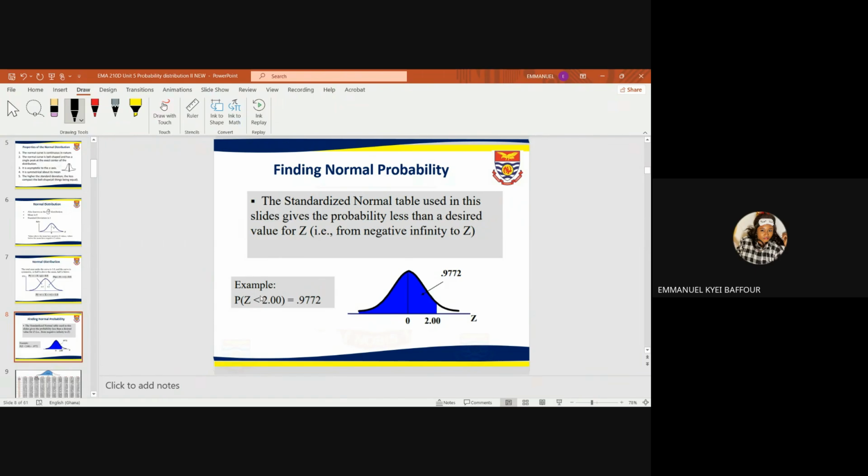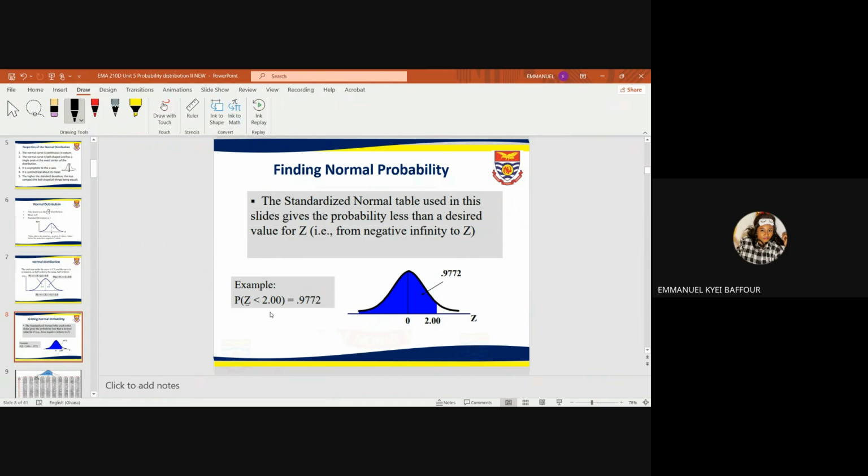For instance, if you are asked to find the probability that a Z score is less than 2, there wouldn't be any need to convert it to a Z score, because it has already been given as a Z score.